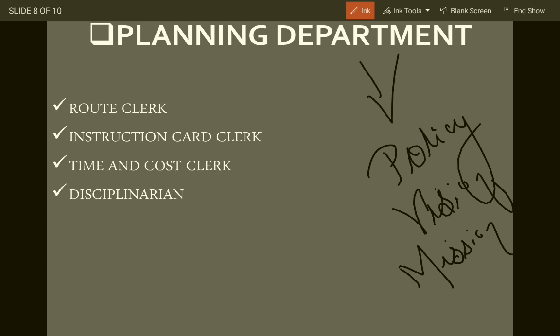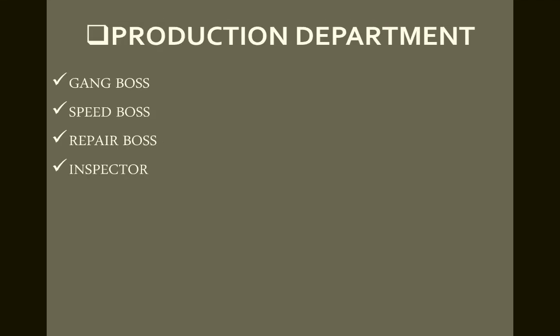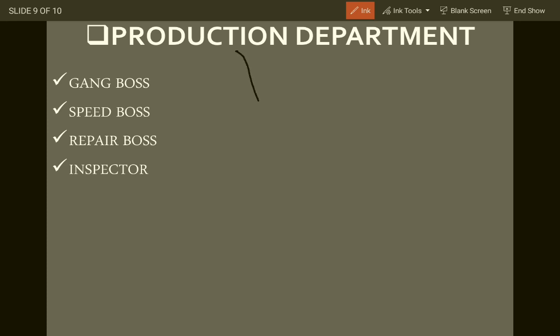We have studied this for the route clerk, instruction card clerk, time and cost clerk, and disciplinarian. The production department is concerned with four: gang boss, speed boss, repair boss, and inspector. These four are all responsible for the smooth production of the product in the factory. They handle all the instruments and tools, they analyze the speed, the repair of the machines, and they inspect the quality of the outcome of the product. So they are focused towards production of the product.